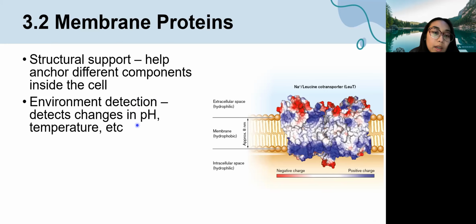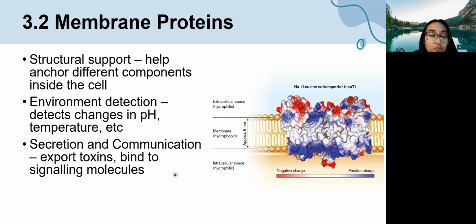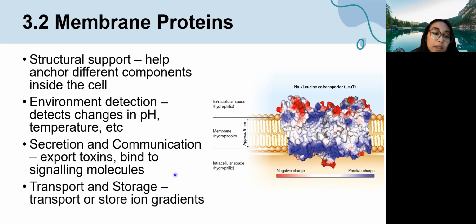Secretion and communication. So some bacteria, as you know, are pathogenic, and so they'll export toxins, or maybe they want to bind to certain signaling molecules to communicate with each other. Lots of different reasons. And then also for transport, obviously, to move ions and other things in and out, and also to store ion gradients. So a lot of bacteria use ion gradients as one of their ways to use an energy form.